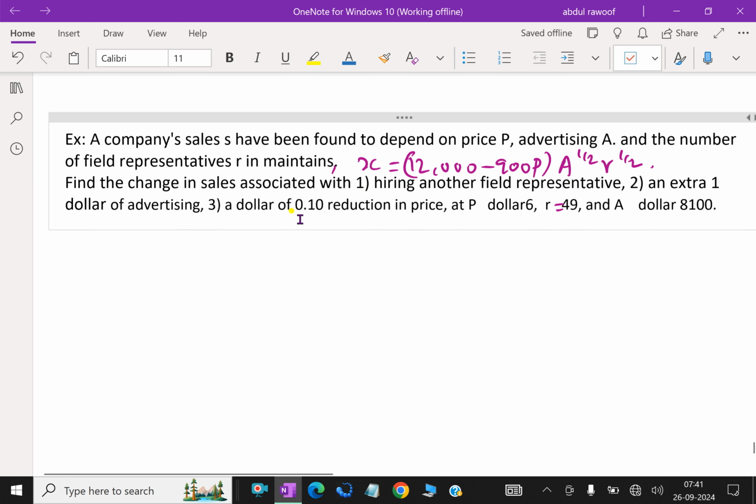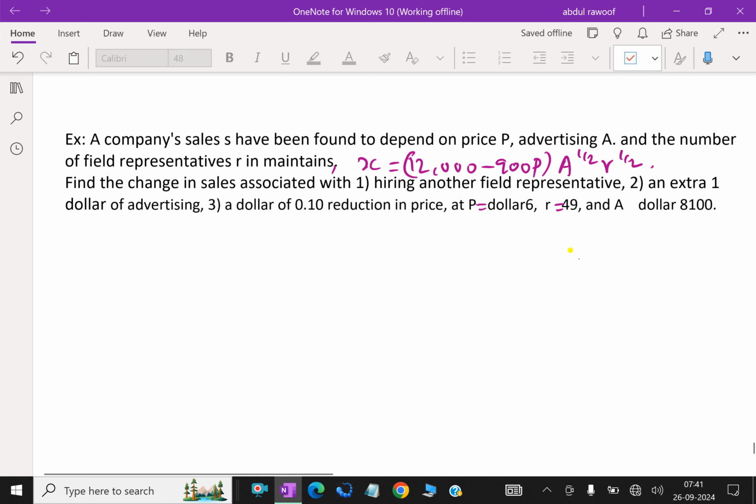Then third, a 10 cent reduction in price, at P equal to $6, R equal to 49 and A equal to $8,100.